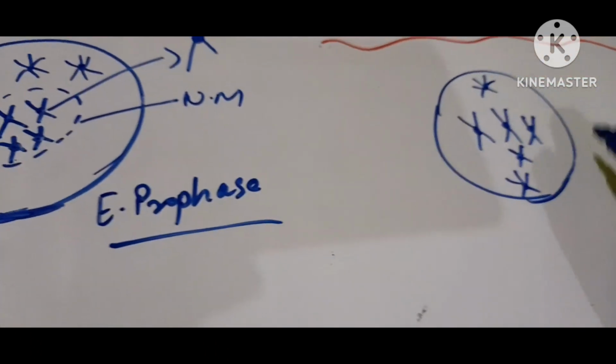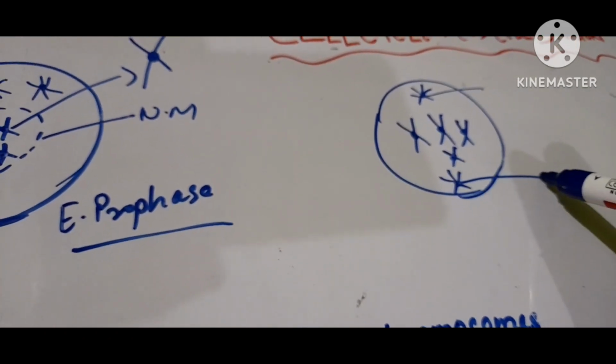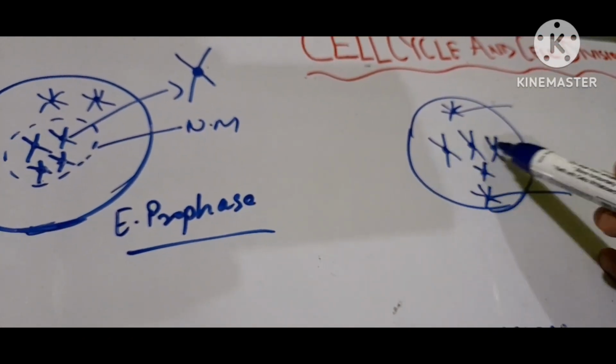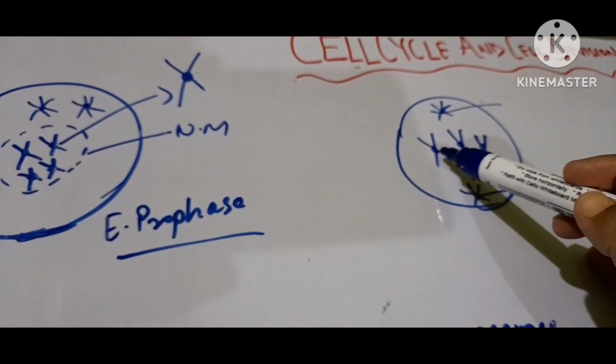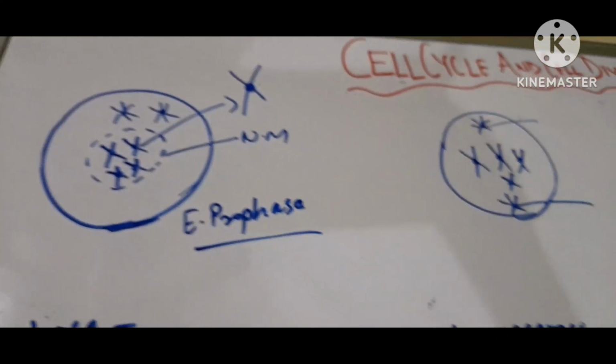The nuclear membrane has now disintegrated and centrioles or spindle fibers move towards the opposite poles. Chromosomes now condense, come together with each other in the form of sister chromatids, and there is a presence of centromere. And this is all about the prophase.